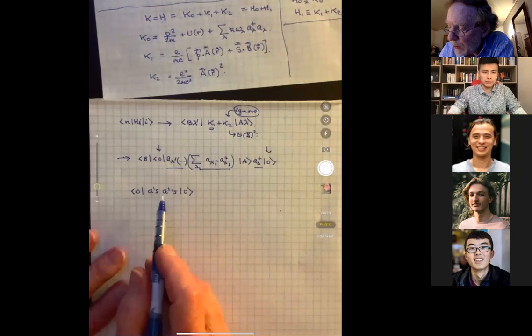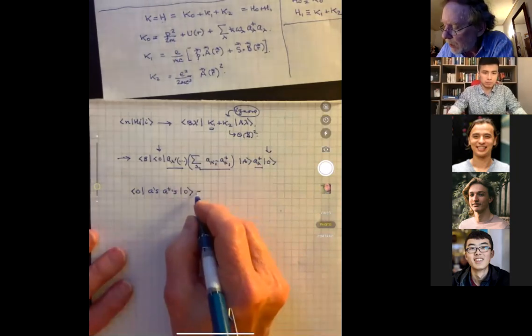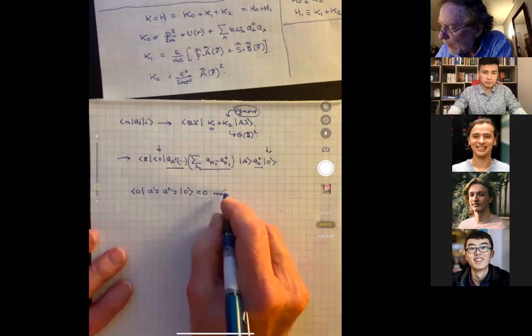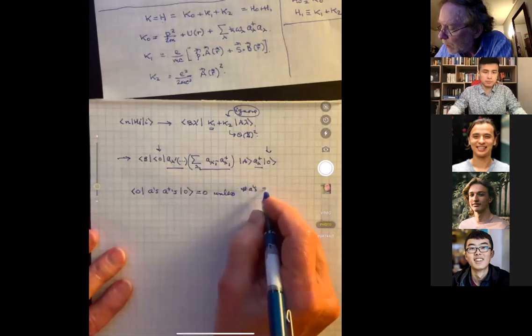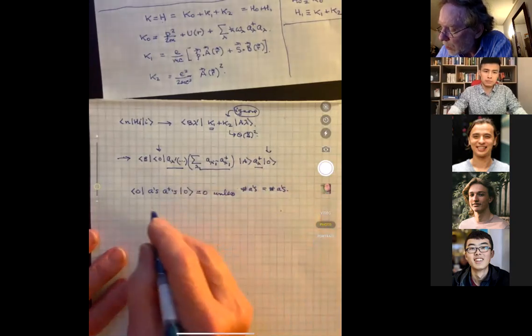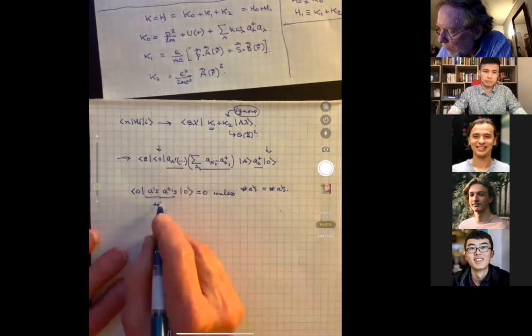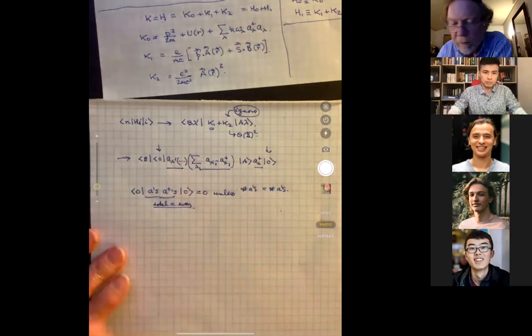That state is orthogonal to the vacuum. So the result is 0 unless the number of A's is equal to the number of A daggers. In particular, the total number must be even, or else the answer is 0.